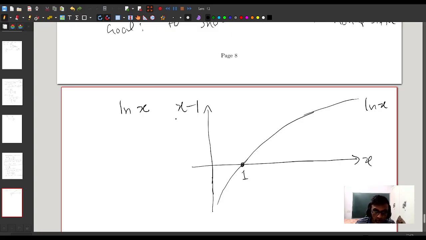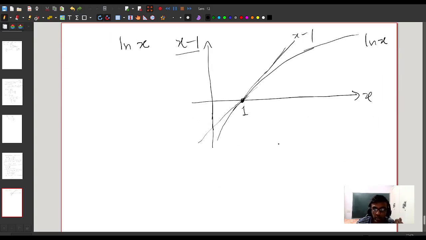So the graph for this function must of course pass through this point x equal to 1 on the x-axis, but it is also tangent to this graph at x equal to 1, since the derivative of the log function at 1 is 1. So this is x minus 1. Yeah, that doesn't look like a straight line, but yeah, hope that is clear.